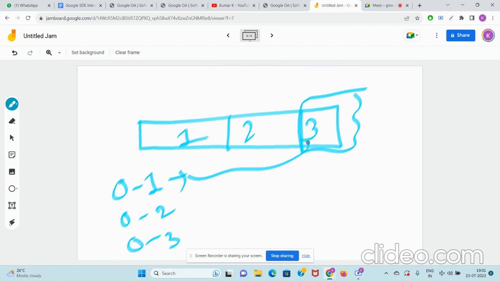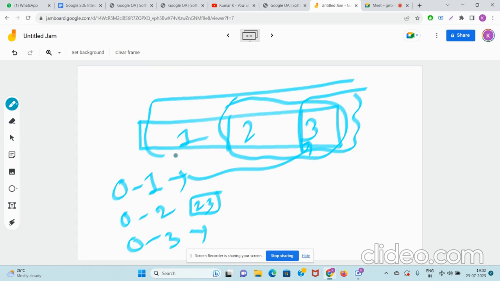Another option is to divide in such a manner that the last two parts come in one partition. So this is the second option, last two. What is the third option? Divide in such a manner that all three come in one partition only. These were the three options. This is called partition DP.